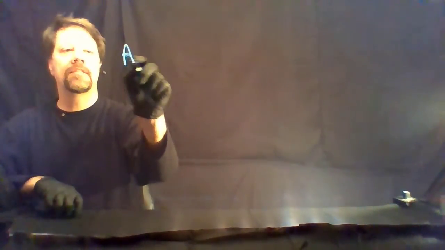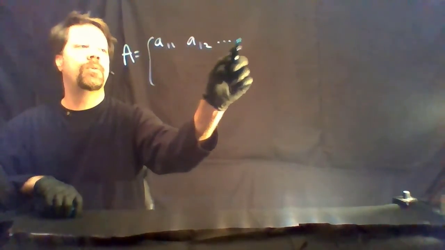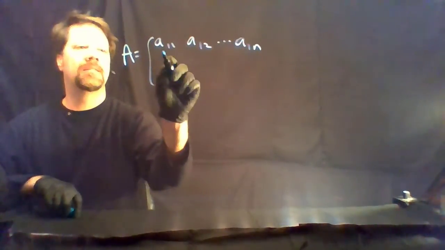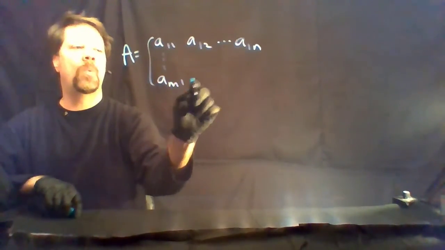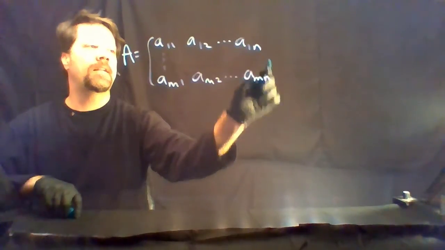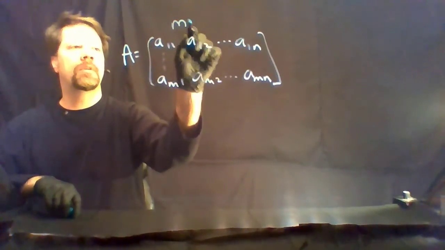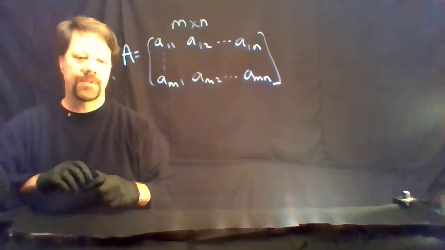If A is the matrix A11, A12, A1N, AM1, AM2, AMN, this matrix has M rows and N columns.